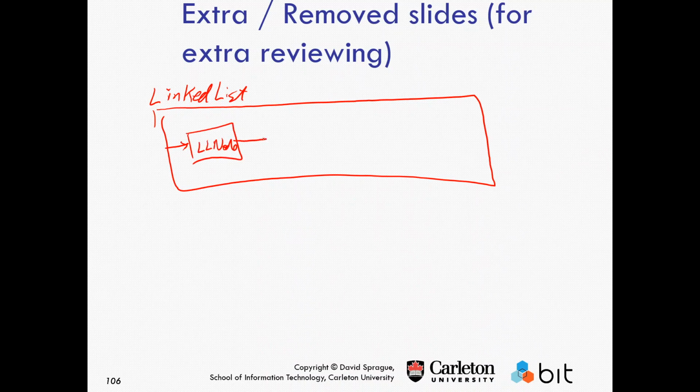I have an individual node which points to a node, which points to a node, which points to a node, which eventually points to nothing at all. This is the idea behind a linked list. So I have this data structure and I can store stuff on this, much like a train. I have this starting point that points to the next one, points to the next one, points to the next one, all the way down.